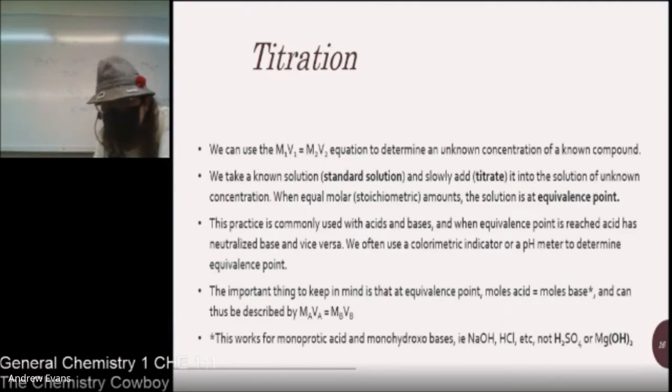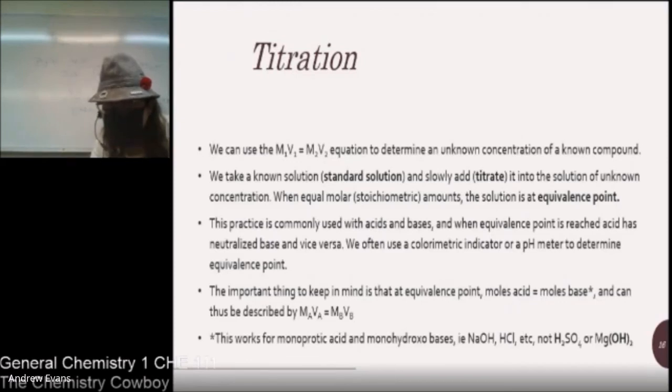And the idea here, when equally molar amounts of a solution are added, which is our stoichiometric amounts, we reach what's called the equivalence point. When the moles of A equal the moles of B, when they completely neutralize each other, when the reaction is fully done, we have reached the equivalence point.